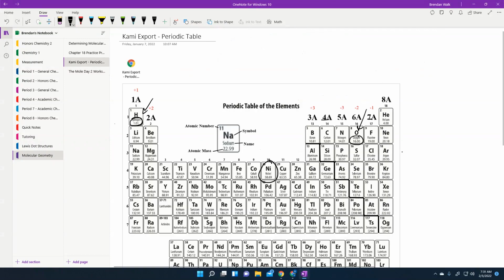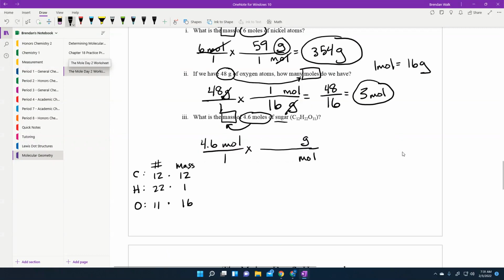Remember, these numbers come right off the periodic table, 12 and 16 and 1. We get 144, 22, 176, and then we add them up. And I believe our answer was 342 for this.